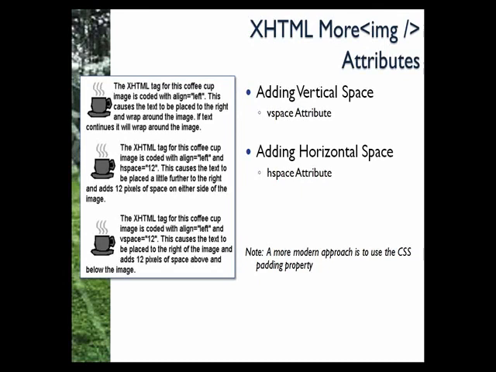Just like we use the padding and the margins in the boxes, we can use H space and V space in order to control how close the other elements are getting to our images. And even the note in here, CSS, this is actually going away. It may take years before it goes away, but it's moving towards using the CSS padding property, which does the same thing but with more control.